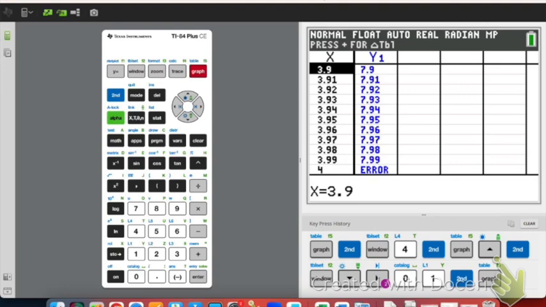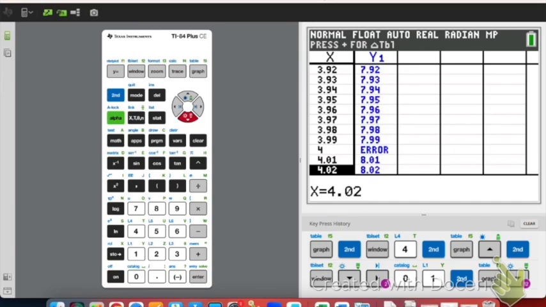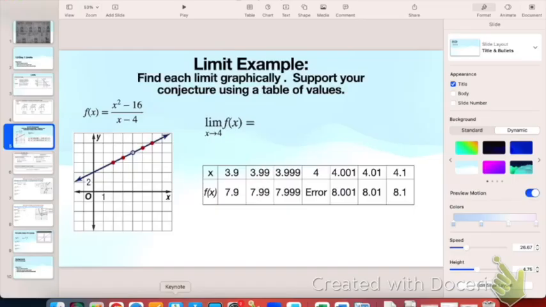At 3.99, I get 7.99. That'll be another piece I put on my table that I'm going to create. I'm going to scroll down so you can see what happens at 4.01. 4.01 goes to 8.01. This is in my table. 4.01, 8.01, 3.99, 7.99.